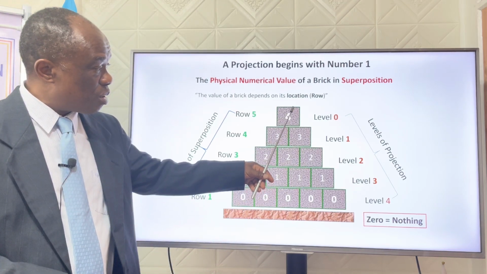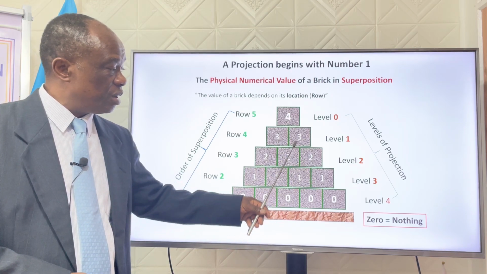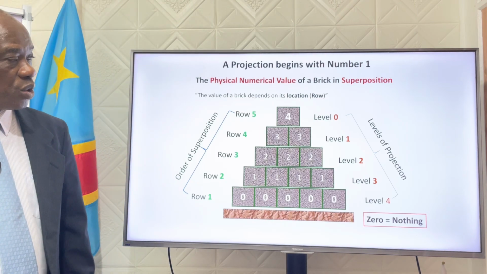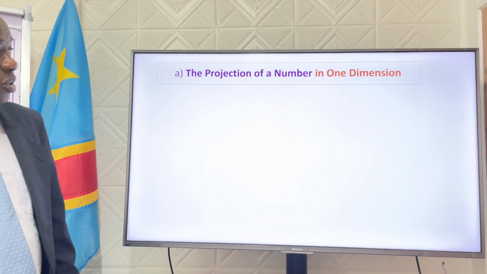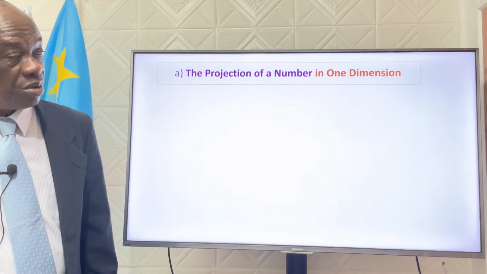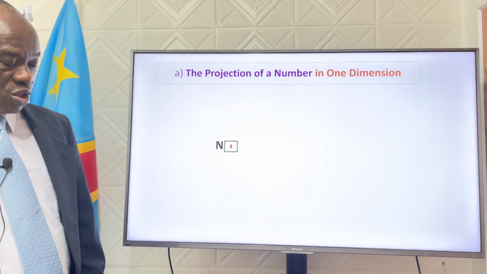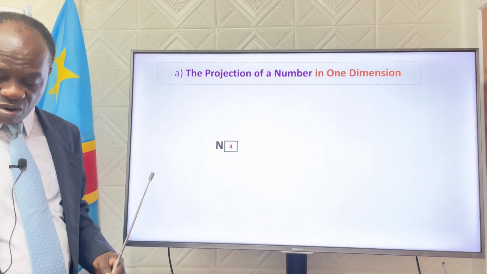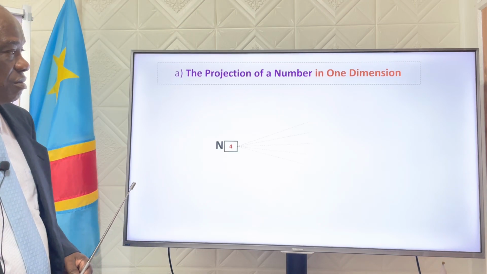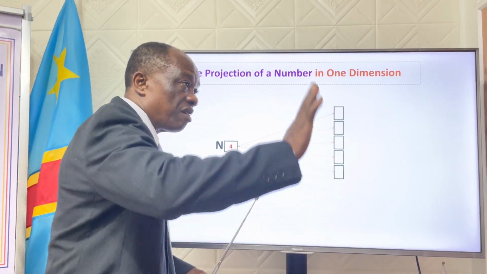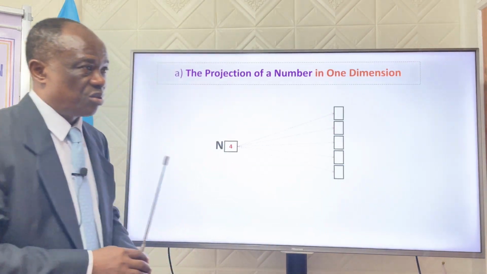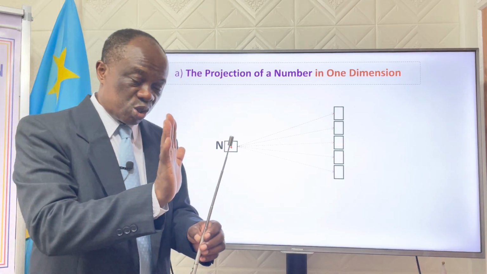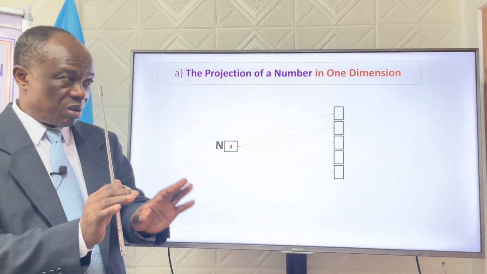So the projection goes from level 0 to level 1, level 2, level 3, level 4, etc. Goes like that. So now let's see in one dimension how it works. In one dimension, if you have a number here, this is a number 4, as we have seen above, then we project it. It will go and touch. If you are having a projection, of course, you have a source of light that goes to touch.